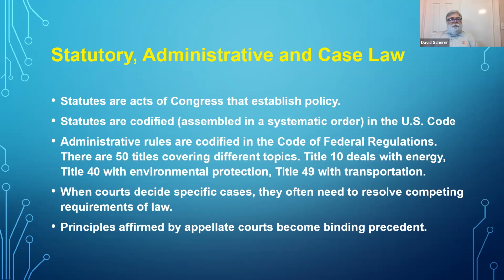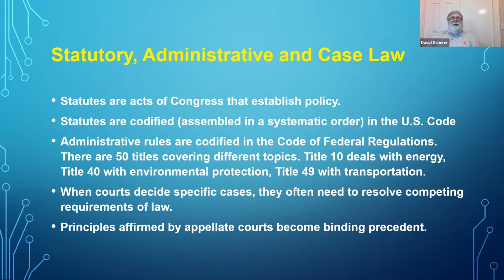Same thing with administrative rules. They're assembled in an organized way in the Code of Federal Regulations. So the Code of Federal Regulations outlines all of the administrative rules for all topics in the government. There are 50 titles that make up the Code of Federal Regulations.